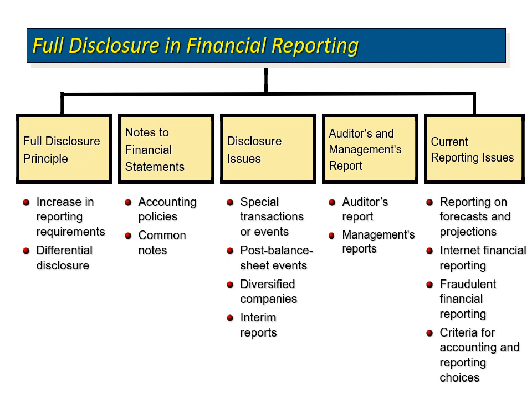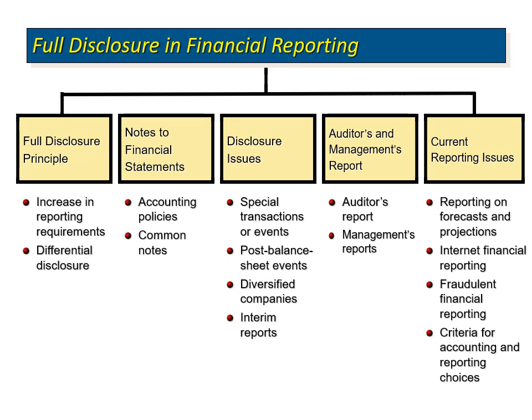We also deal with some disclosure issues like special transactions, special events, and then maybe information about post balance sheet events, or what we call subsequent events, and then information of diversified companies and also interim reports.